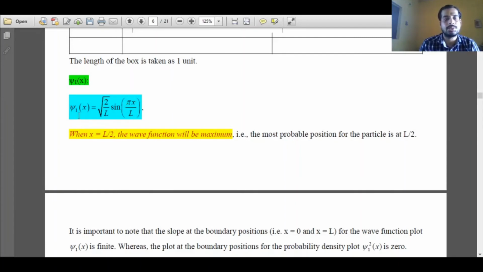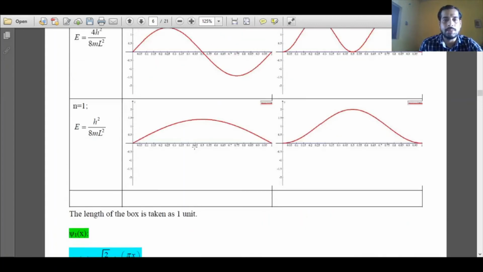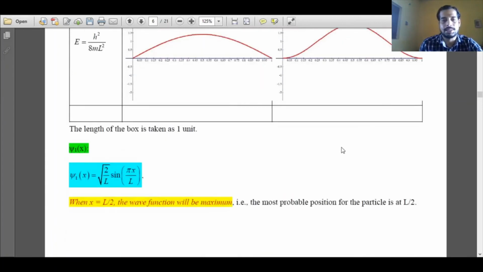When I substitute x is equal to L by 2, I'll get sine 90, and sine 90 is maximum. So at L by 2, that is at the middle of the box, the probability will be maximum.